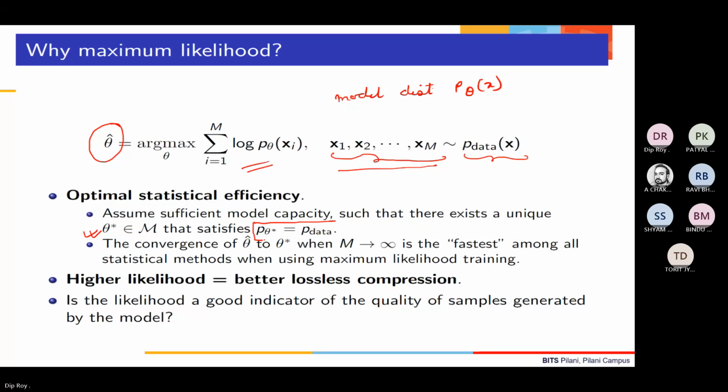That means my p theta is going to be exactly equal, not approximately, exactly equal to p data. We assume this is an ideal case, not a real life case. We assume this is an idealized theoretical assumption.